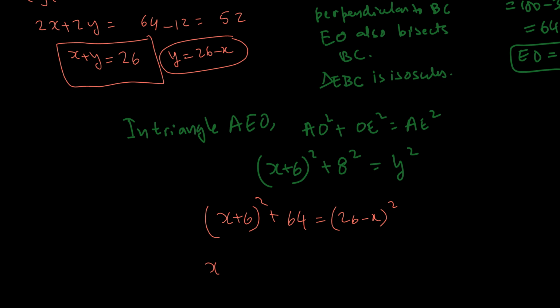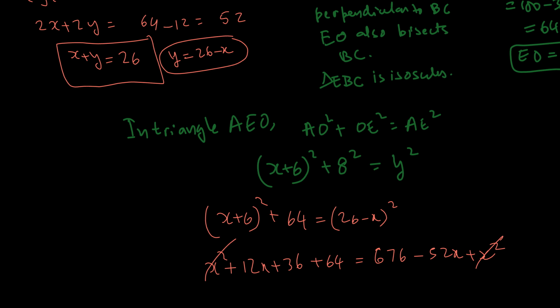So we get x squared plus 12x plus 36 plus 64 is equal to 26 times 26, that's 676, minus 52x plus x squared.